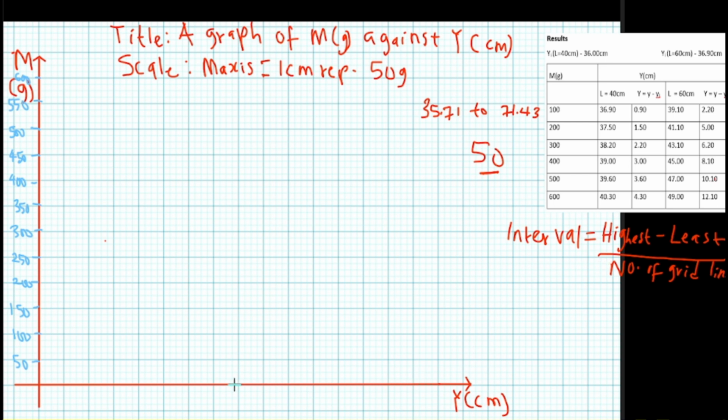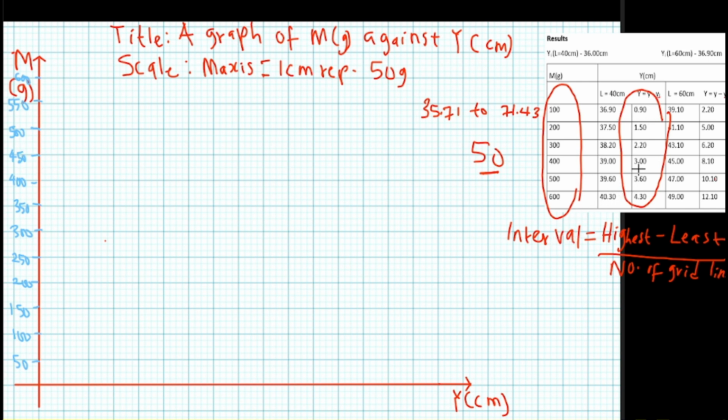Now remember we are plotting m against y, but the y we're using here is the y for L equals 40 cm. So in other words, we're using just this column here. We're plotting this against this.